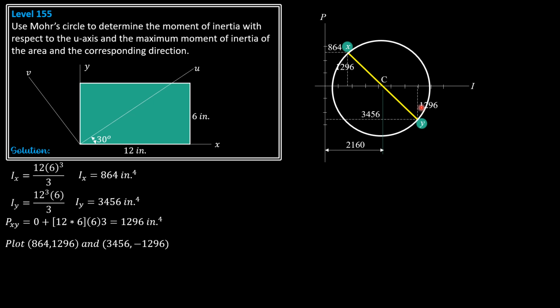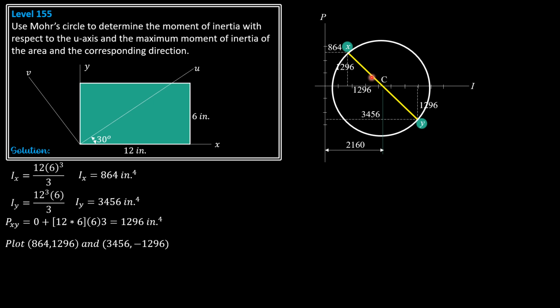Then 3456 minus 2160, or 2160 center minus 864, is equal to 1296 also. So that's also 1296 in this right triangle. Therefore, because the opposite and the adjacent are equal, the angle here is 45 degrees.